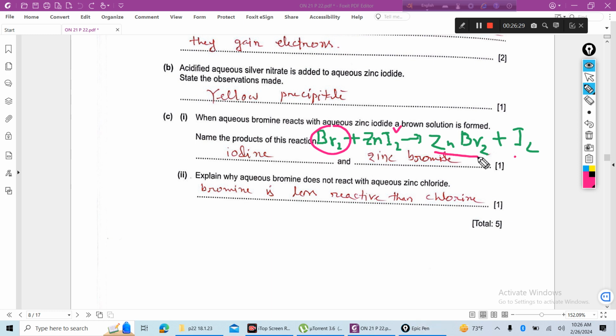Zinc bromide and iodine are produced. So one product is iodine, the other product is zinc bromide.